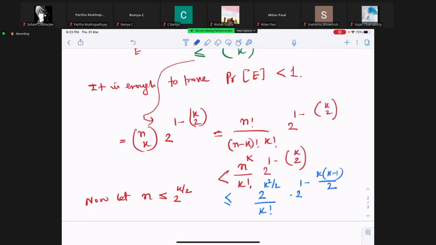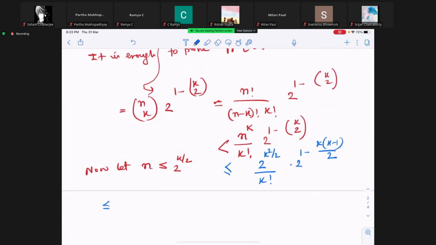So how much will you get? Notice that 2 power k squared by 2 will get cancelled out, right? So you will get 2, and then 2 power k by 2, and factorial k. But this is definitely less than 1, right?